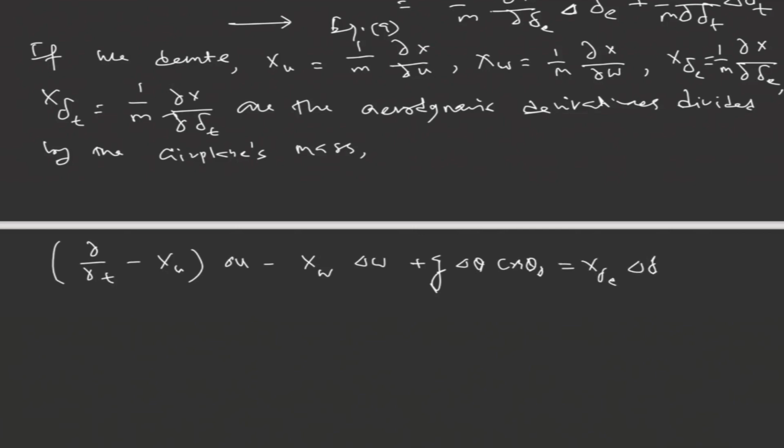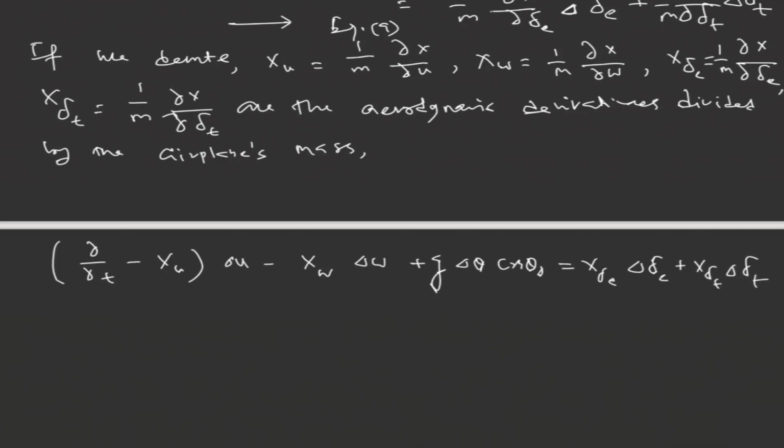Equation number 9 can be written, by the above notations, as delta u dot minus x u delta u minus x w delta w plus g delta theta cos theta naught equal to x delta e delta delta e plus x delta t delta delta t.